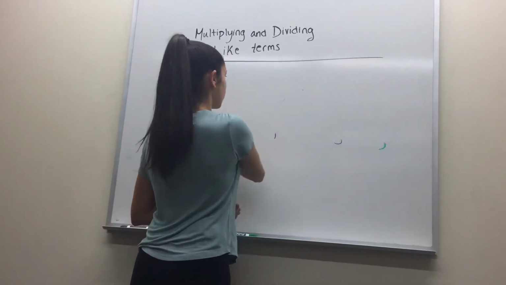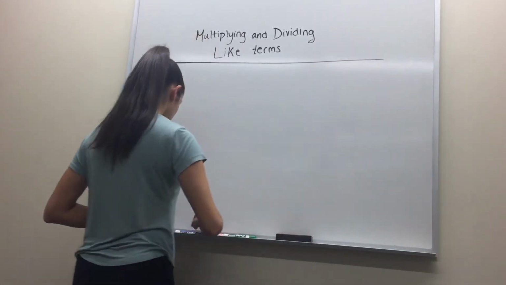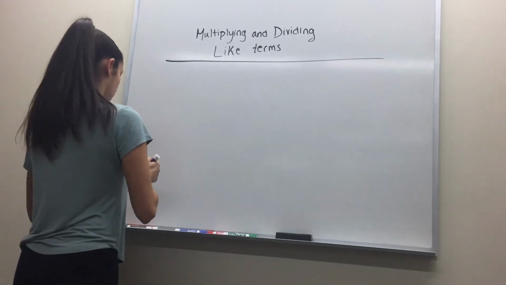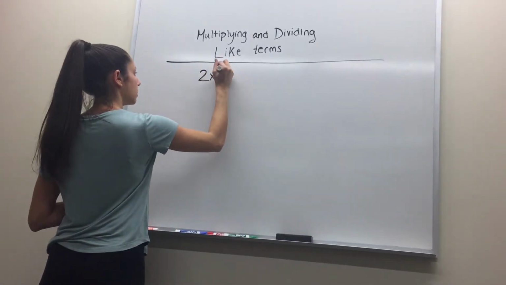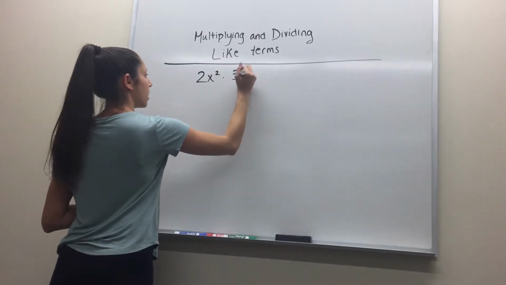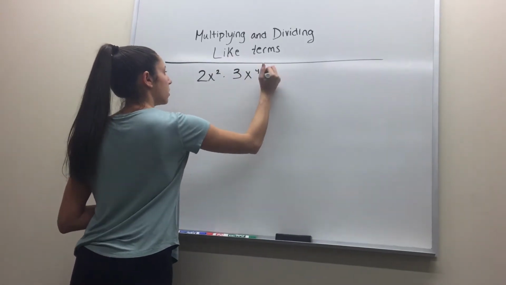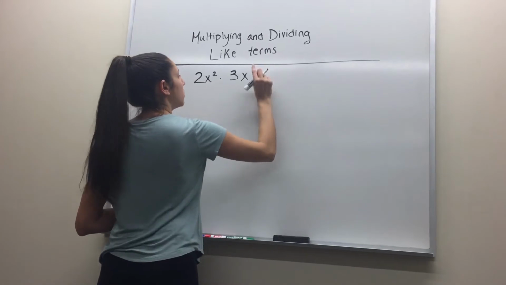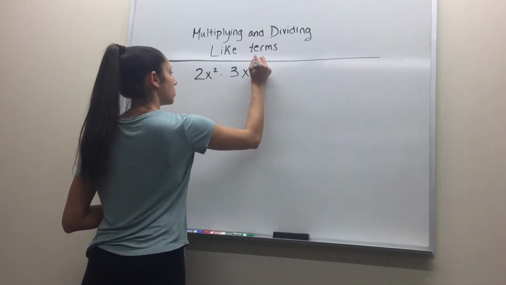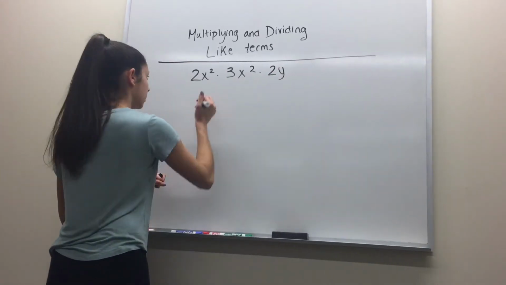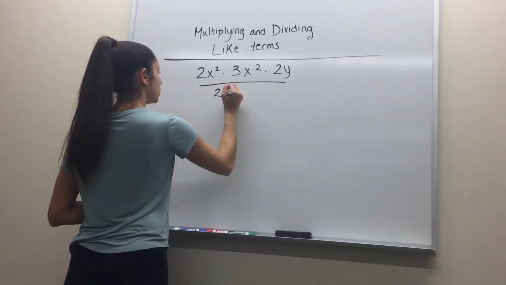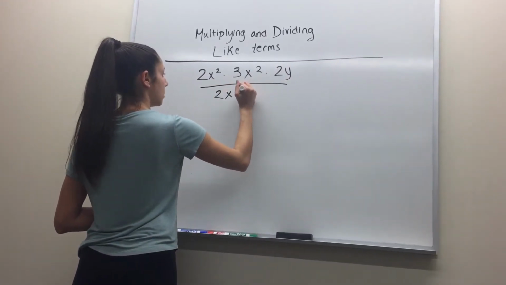Let's do one more example. Let's do 3x squared times 2y over 2x times y.